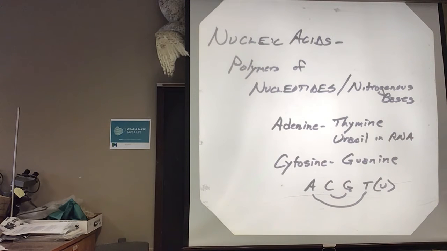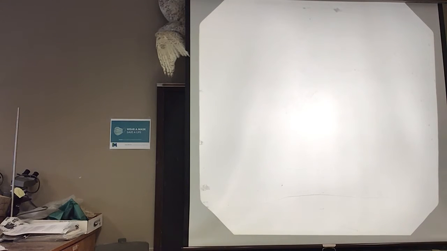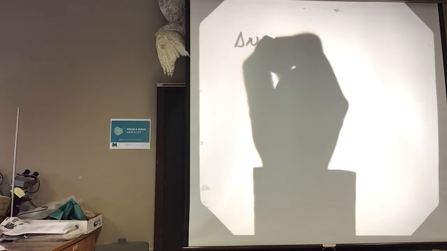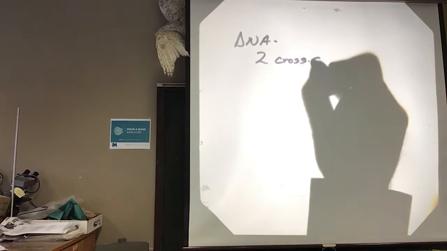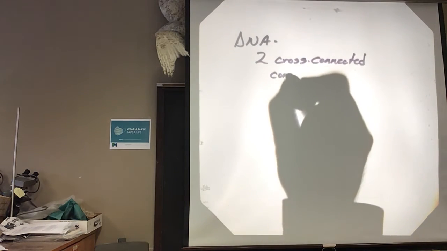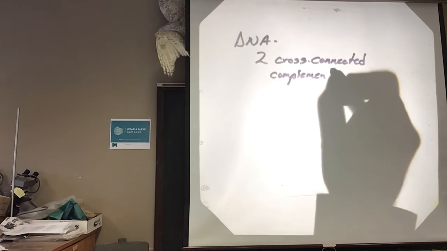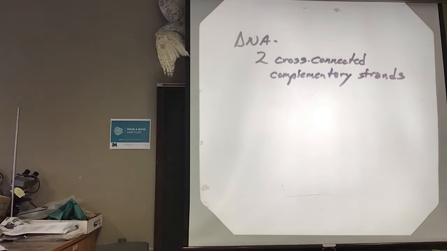And DNA produces what are called complementary strands. Now, if that was complementary with an I after the L, that would mean they were giving each other compliments, they were buttering each other up.